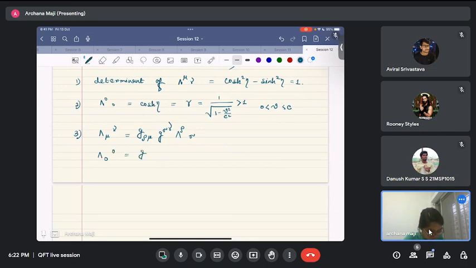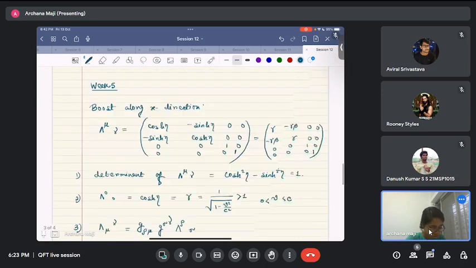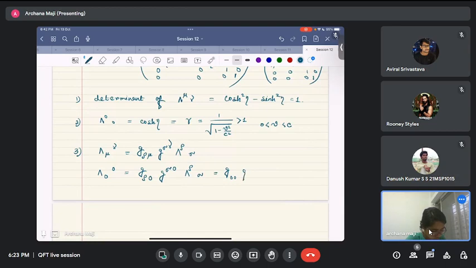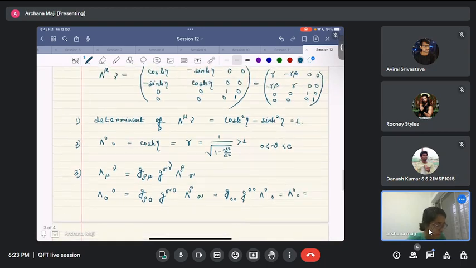That will be g rho 0 g sigma 0 lambda rho sigma. You have a sum over rho and sigma, but you know that all off-diagonal elements of g are 0, so you get a contribution only from g 0 0, which is the same as cos hyperbolic eta.